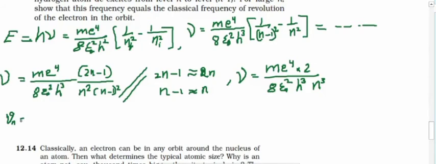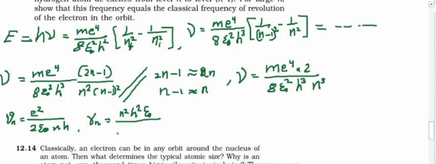So you will get Vn is equal to e square divided by 2 epsilon naught n h, and Rn, again from the Bohr atom model, is n square h square epsilon naught divided by pi m e square.